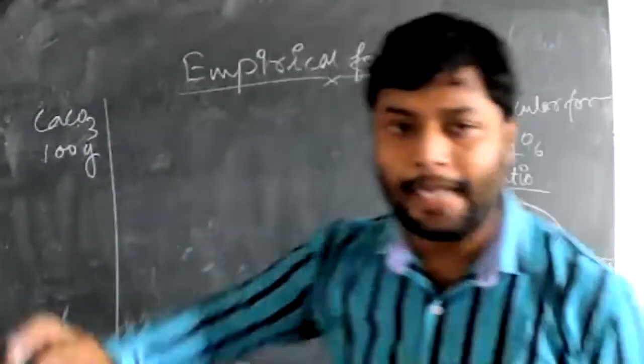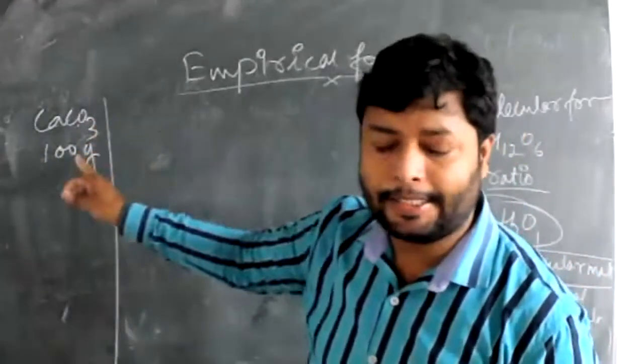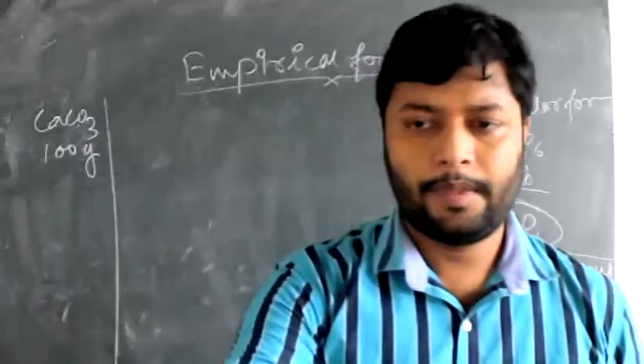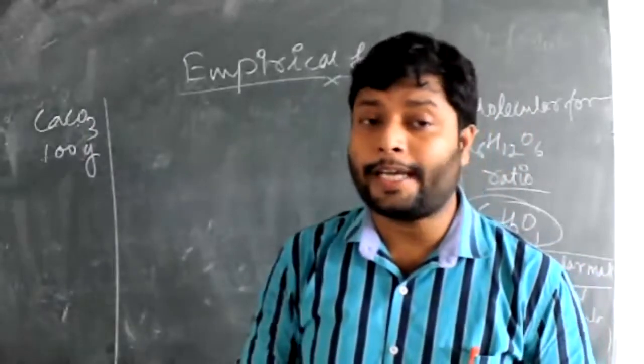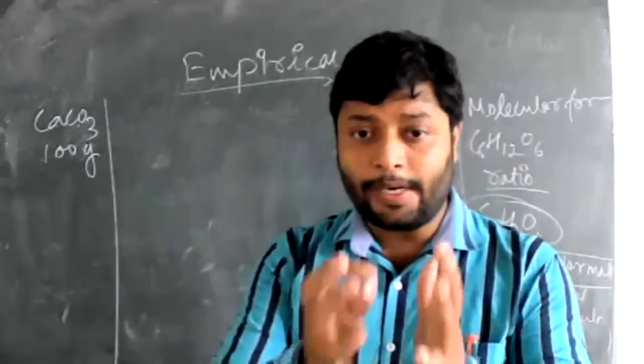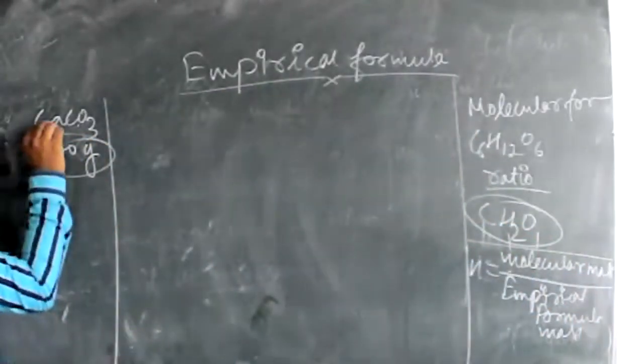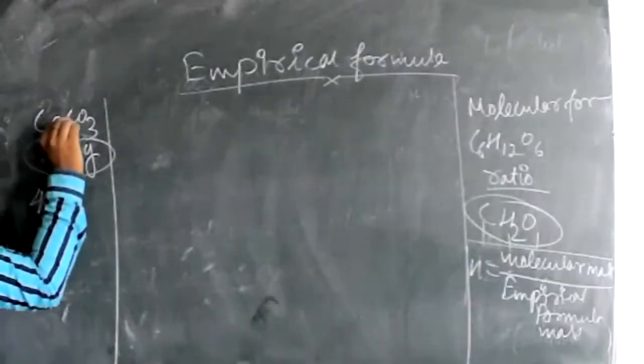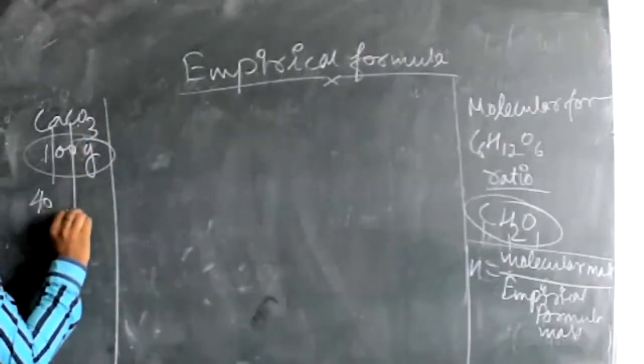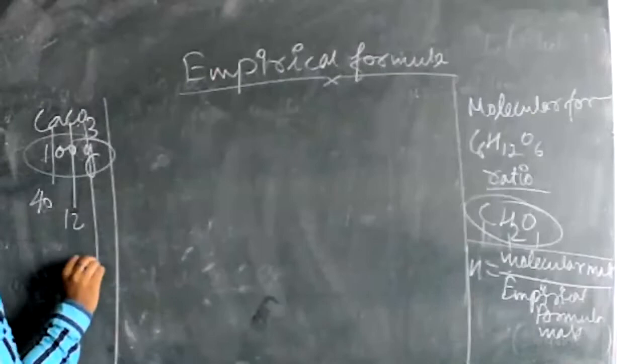Suppose we have calcium carbonate, whose mass is 100 gram. Out of 100 gram, the calcium is 40 gram, the carbon is 12 gram, and the oxygen is 48 gram.